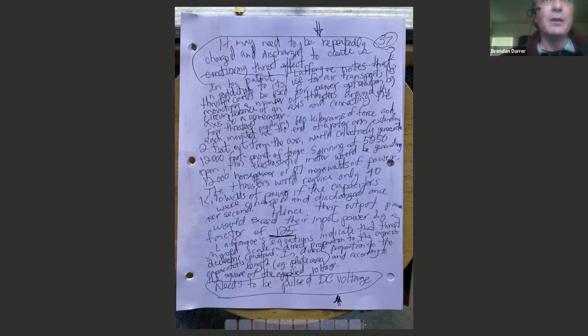4 thrusters producing 680 kilograms force, each mounted at the end of a rotor arm extending 2 feet out from the axis, would collectively generate 12,000 foot-pounds of torque, spinning at 5,250 rotations per minute.